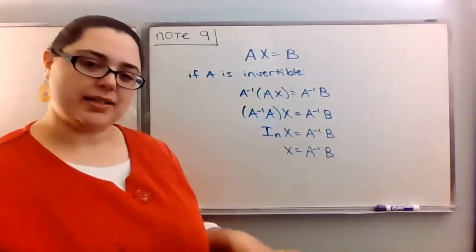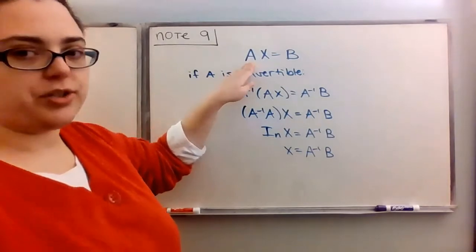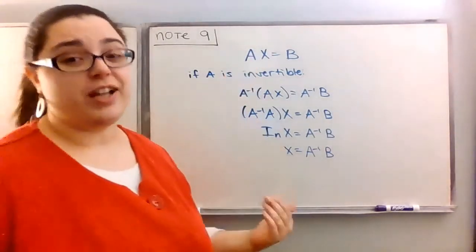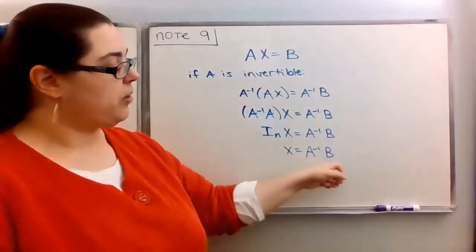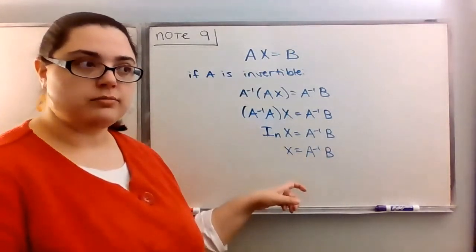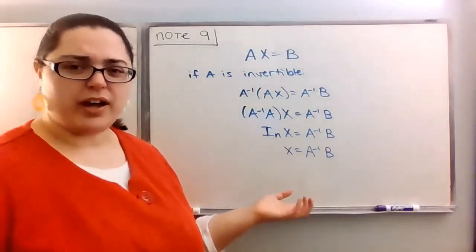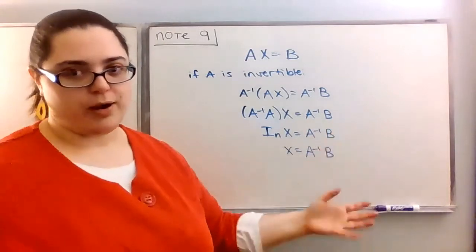So what this means is if I have a system of equations with a coefficient matrix that's invertible, I don't have to do row reduction to solve it. I can just take its inverse, multiply it by the column of B's, and that'll tell me the solution. So let's do an example of that and see how much easier and nicer it is than having to do all of our row operations.